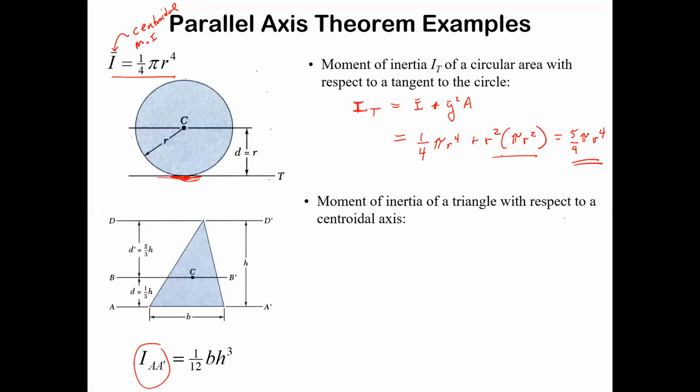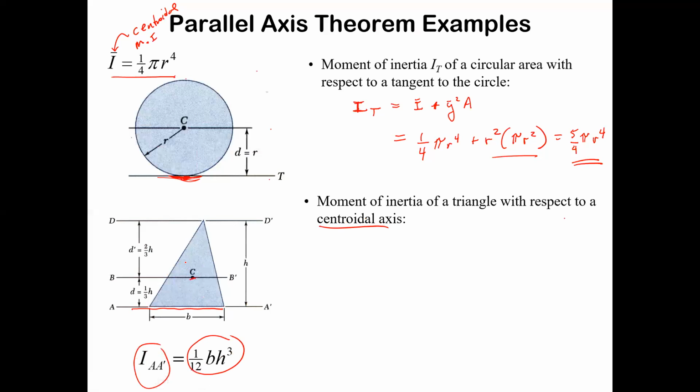But likewise, the moment of inertia of a triangle with respect to a centroidal axis. Suppose you can find the formula for a triangle about the x prime axis is 1/12 bh cubed. But maybe you need it about the centroidal axis, right?